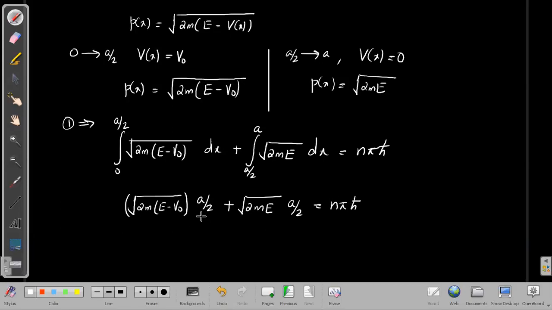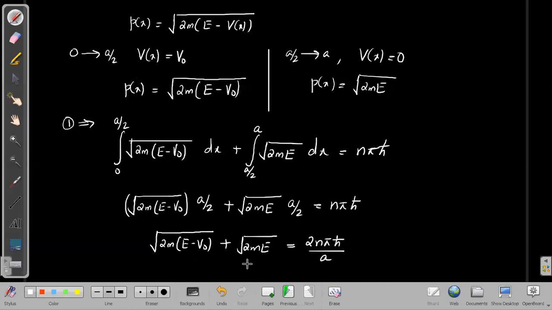Now a/2 is common. You can take a/2 to the right side. So the equation will be the root of 2m(E minus V0) plus the root of 2mE equal to 2n pi h cross divided by a.